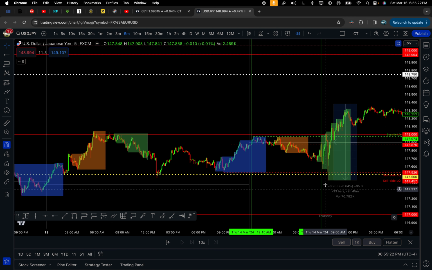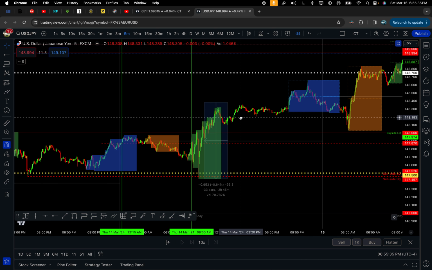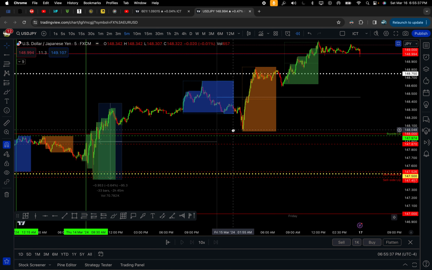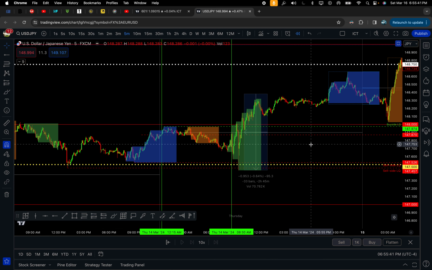And that's what happened here. They took the liquidity in order to push the market down, in order to sweep this liquidity, in order to fill their longs, which then took the market up and away. And that is what happened.